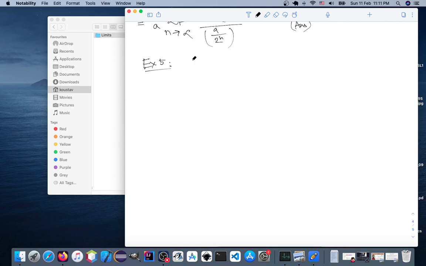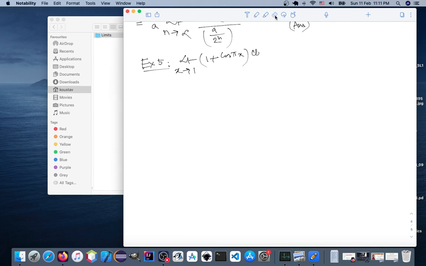It says limit x tends to 1 of 1 plus cos pi x multiplied by cot square pi x.